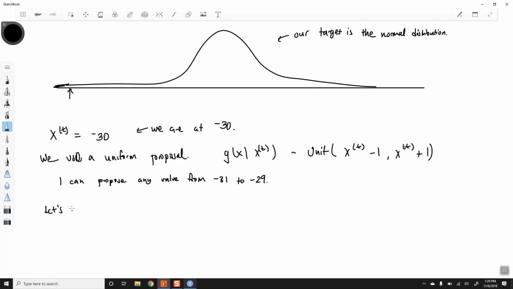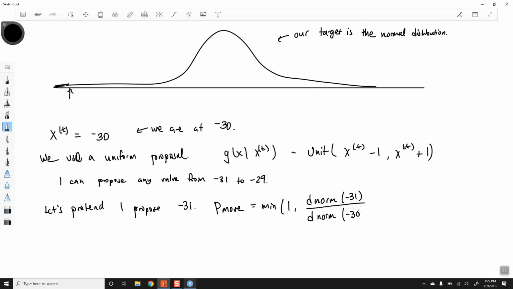So let's pretend I propose negative 31. What's the probability of moving? P move will be the minimum of 1 and dnorm of minus 31, that's the PDF of my proposed value, divided by the PDF of my current value.